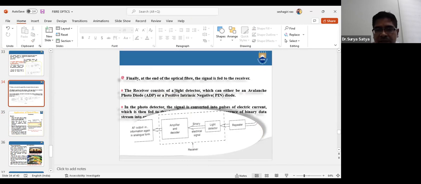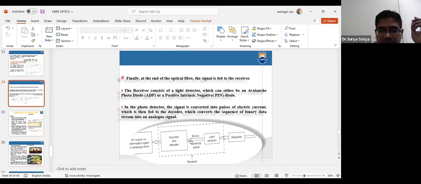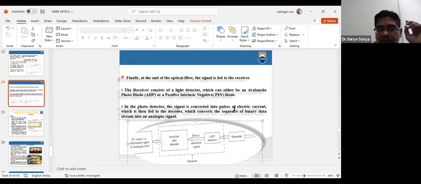The receiver consists of a light detector, which can be either an avalanche photodiode or a PIN diode. There are different types of diodes placed in a receiving station. In the photodetector, the signal is converted into pulses of electric current, which is then fed to the decoder, which converts the binary data stream into an analog signal.